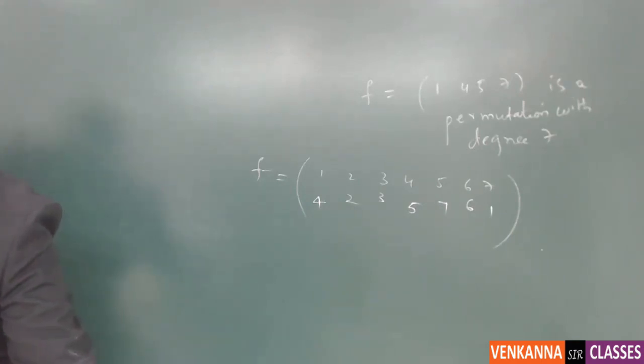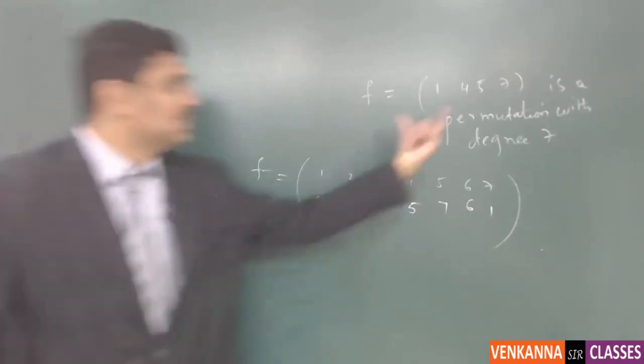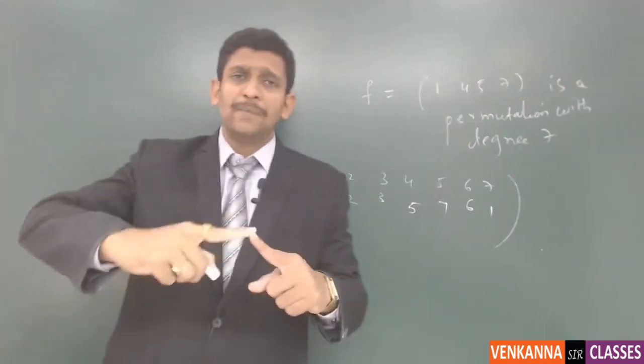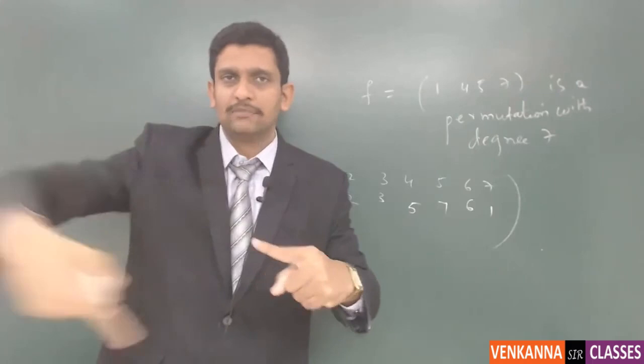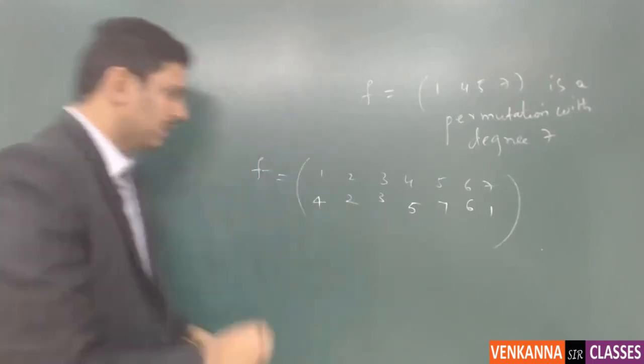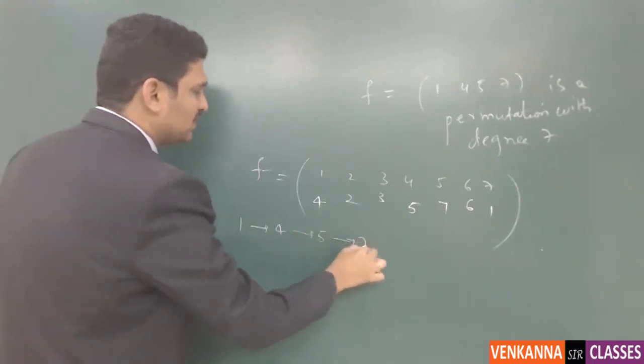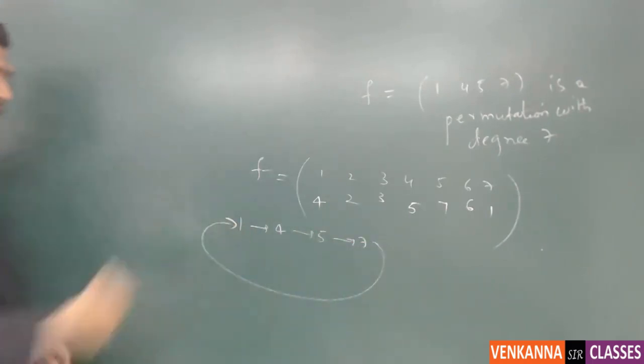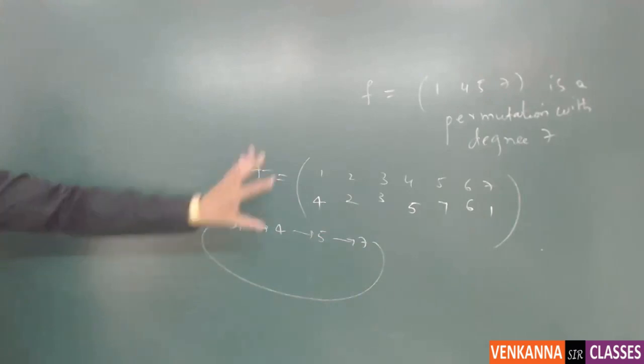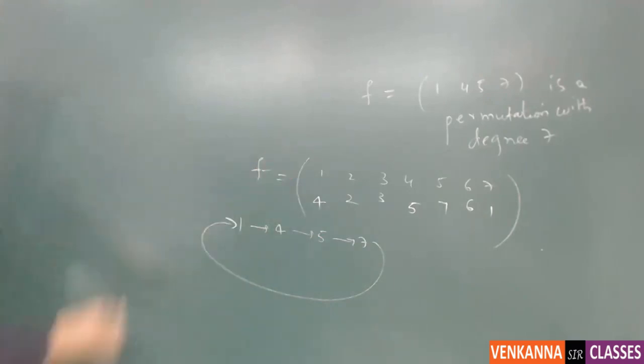Now another interesting thing is, since the elements are taken in a cyclic order, 1 is with 4, 4 is with 5, 5 is with 7, again 7 is with 1. So this permutation contains a cycle.